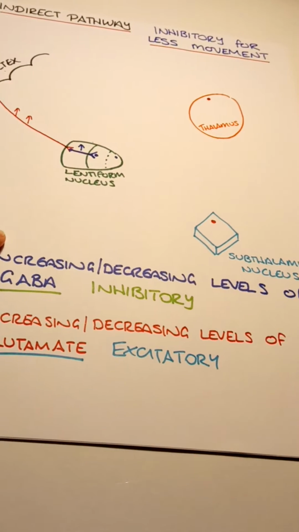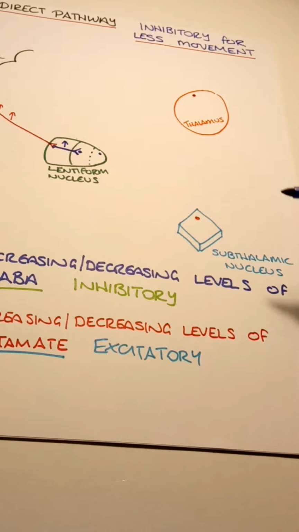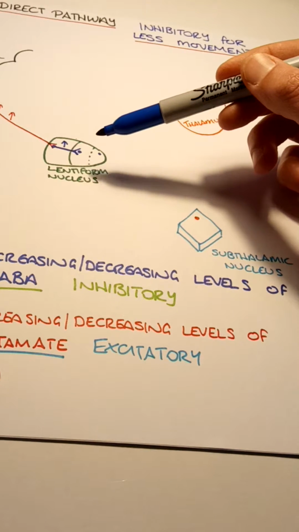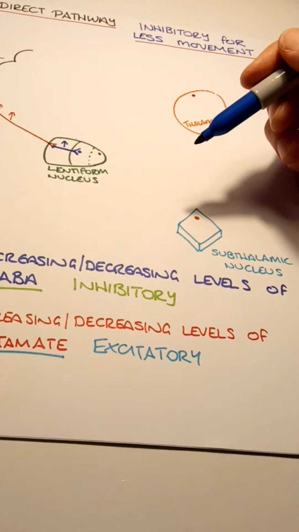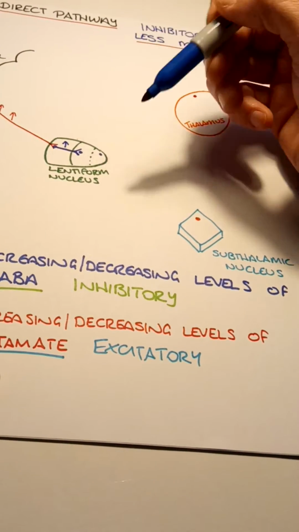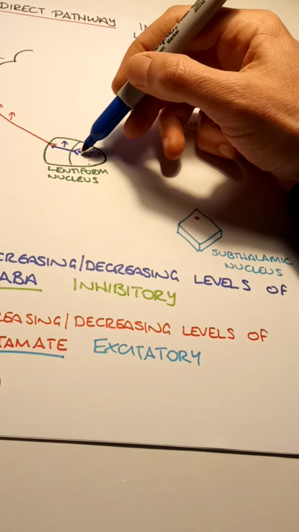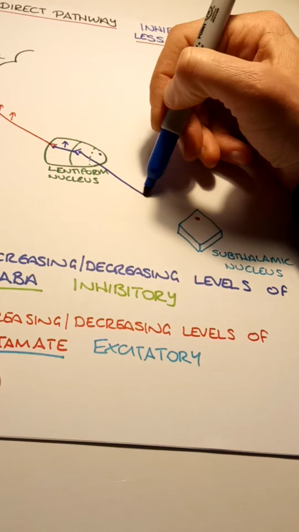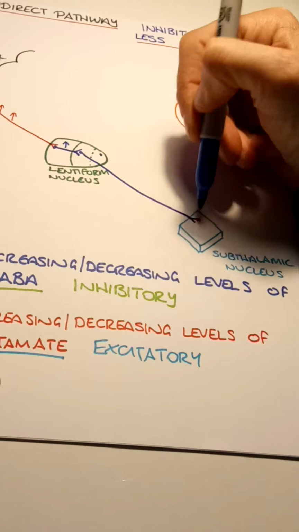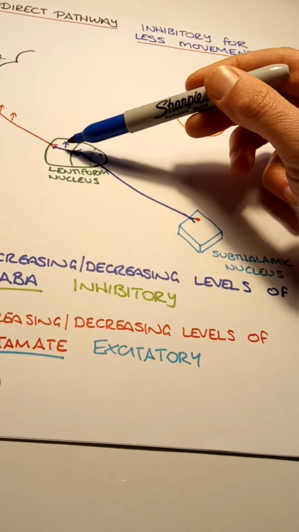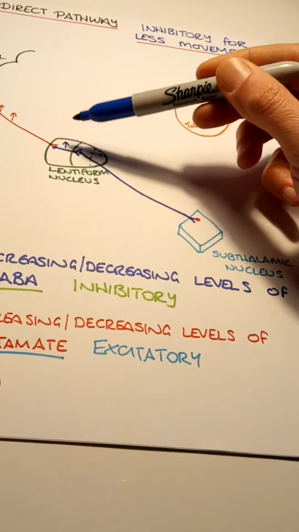We have to go via the subthalamic nucleus. So we've synapsed in the globus pallidus externus, and our neuron is going to head over to the subthalamic nucleus. So if this is increased levels of GABA, it's more inhibitory.